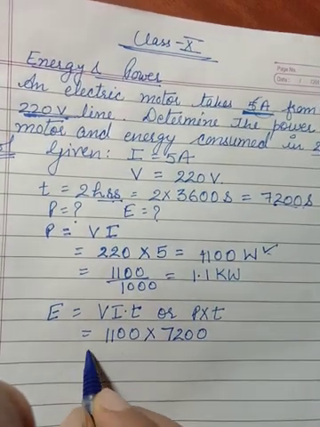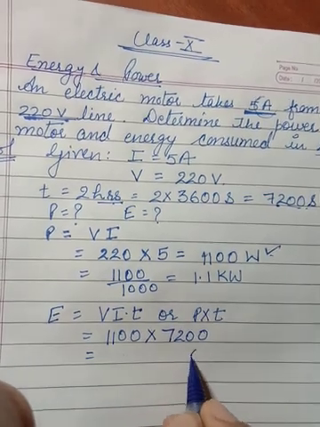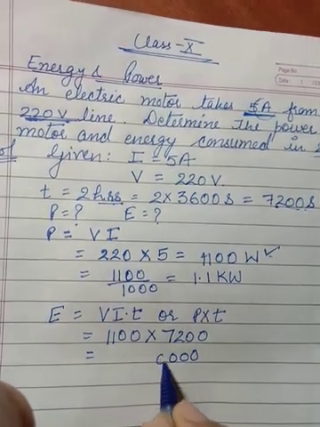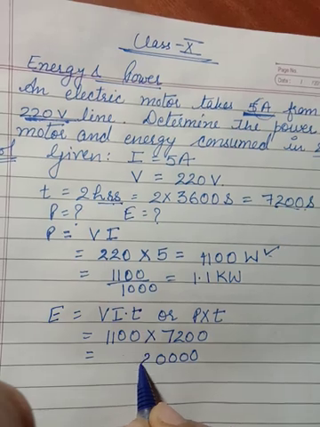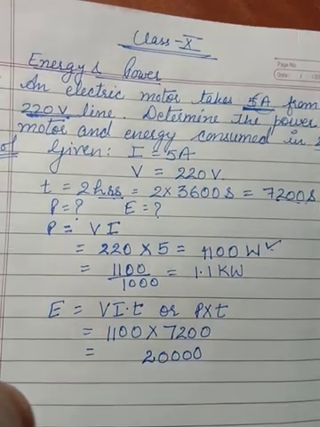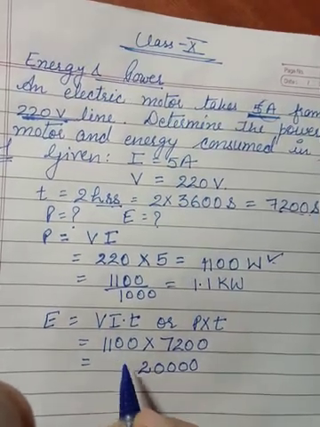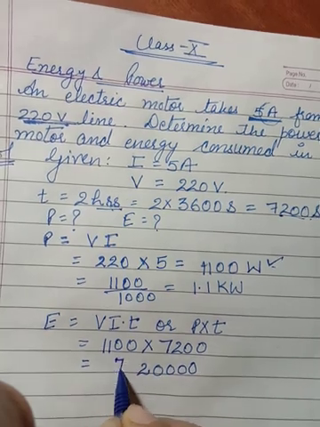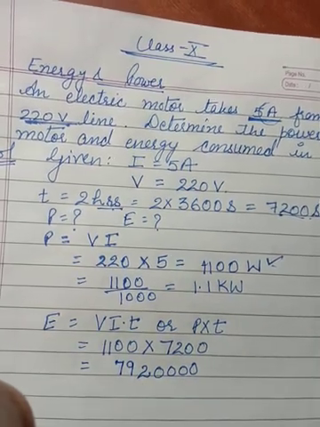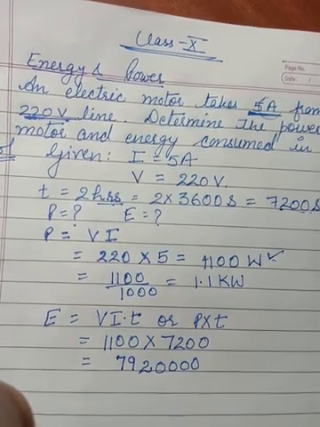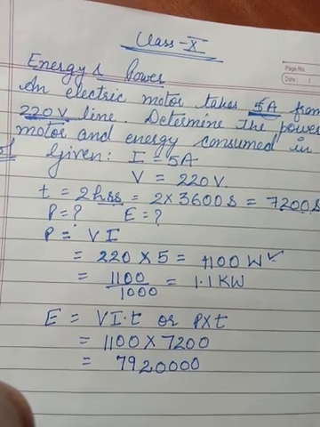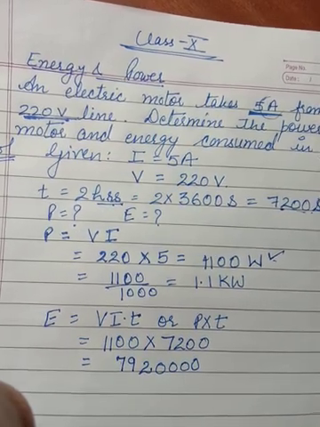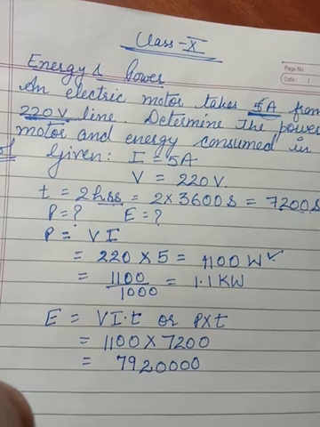After multiplying it, 0 0 0 0, 11 2s are 22, and 11 7s are 77, plus 2, 79. So this is the final answer for the energy consumed in 2 hours.